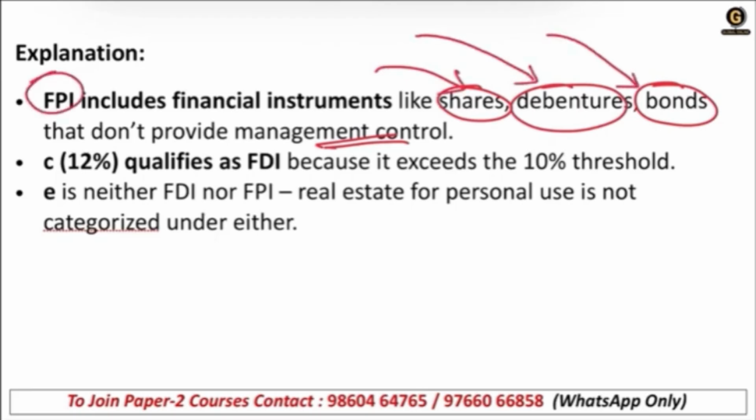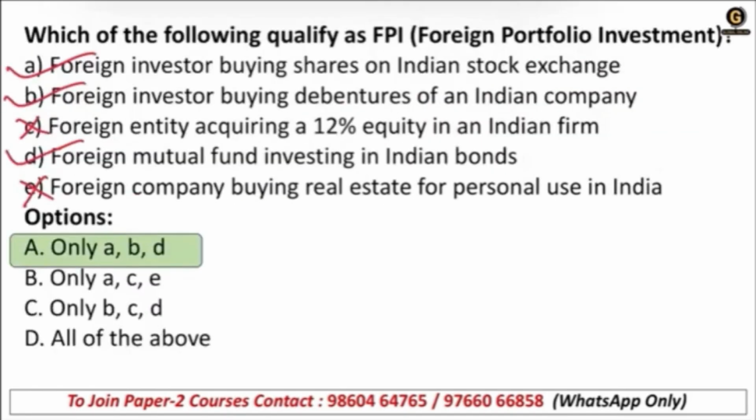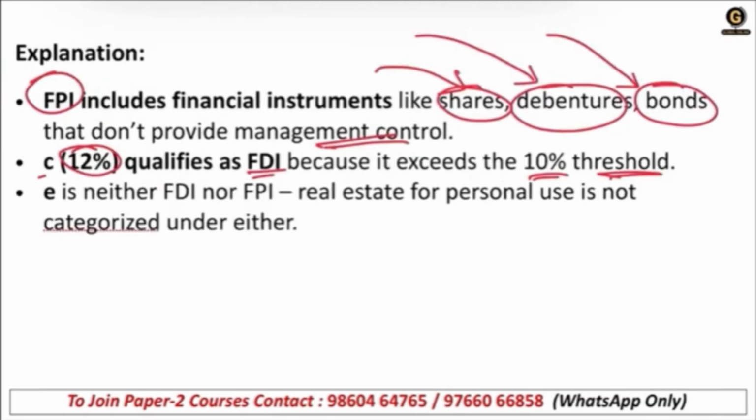This is called FPI investment. Okay, C, that means 12%, qualifies as FDI because it exceeds the 10% threshold. Correct? Here in the question, 12% was given in option C. That is why we selected it as an incorrect answer.